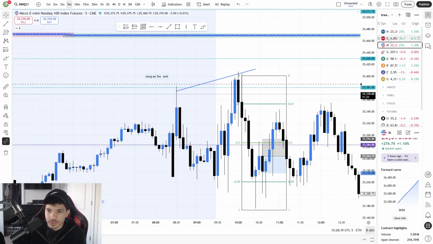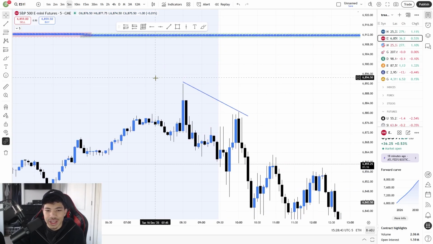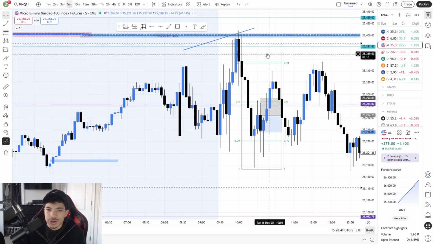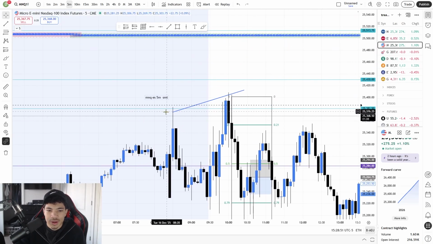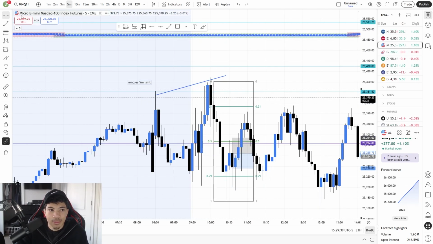So on ES here, you can see we're already in this kind of downtrend here with this SMT, and you can see here on micro Nasdaq, we're still going up. We have a lower high and then a higher high here, which indicates to us that Nasdaq is actually the lagging index.